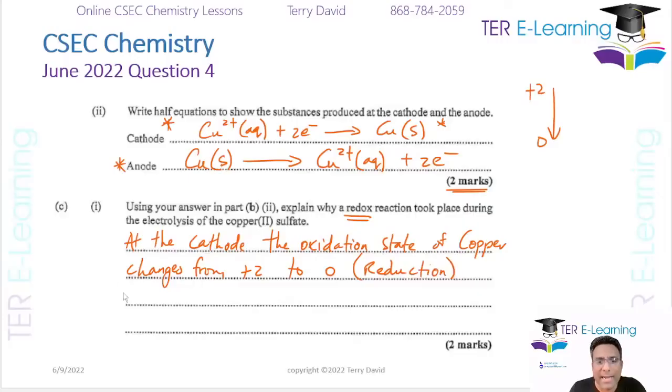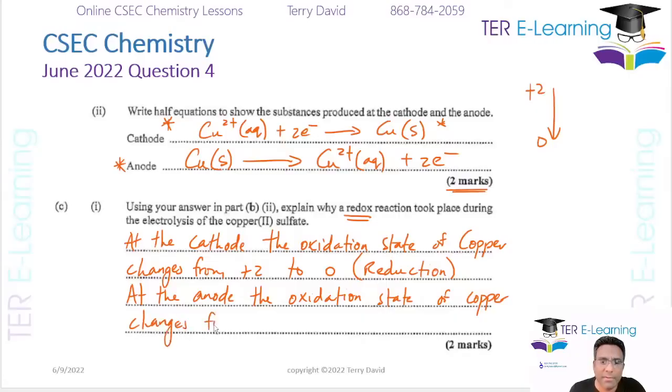right? And at the anode now, the oxidation state of copper changes from, so if you look at the second reaction here, you're going from copper solid this time.